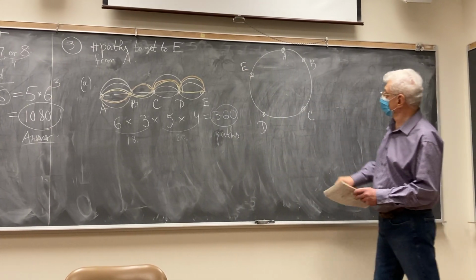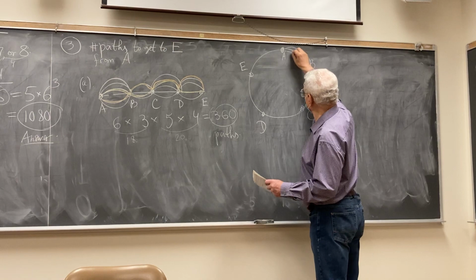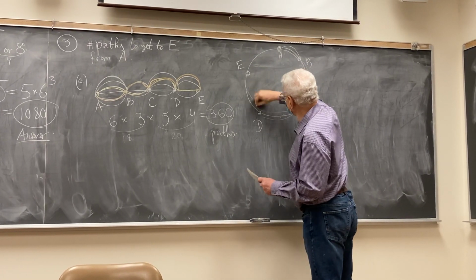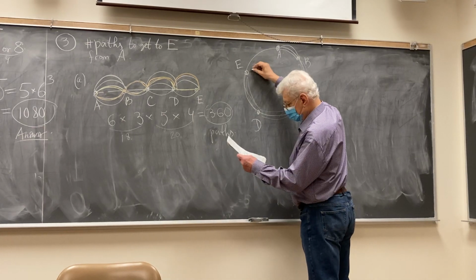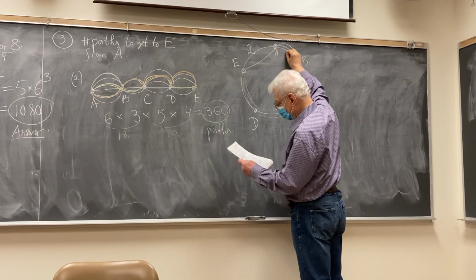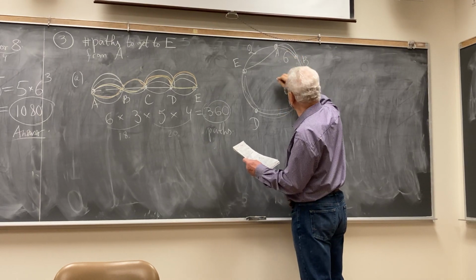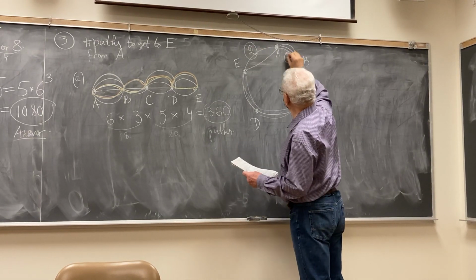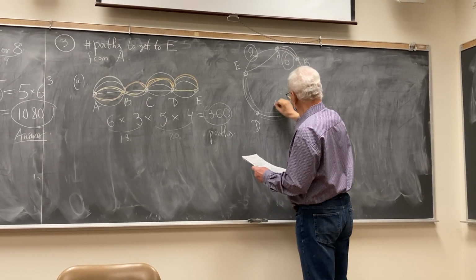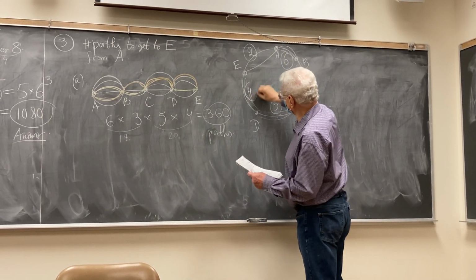Okay, let me just draw only schematically some rows. Some rows here, here, here, here. And this one is how many? Only 2 rows. This one is 6 rows, the same as before. Okay, 2 rows, 6 rows, 3 rows, 5 rows, and 4 rows.